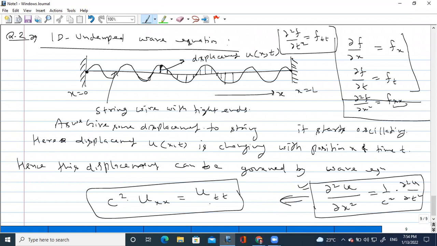This is the double partial derivative with respect to x, and this is the double partial derivative with respect to t. Okay, note down this.